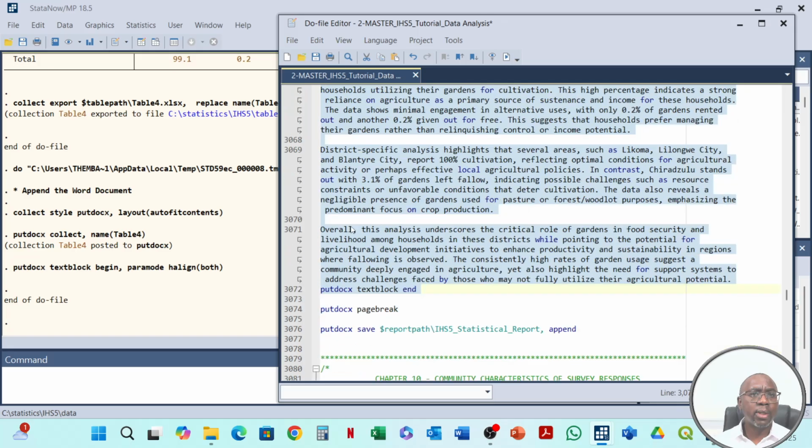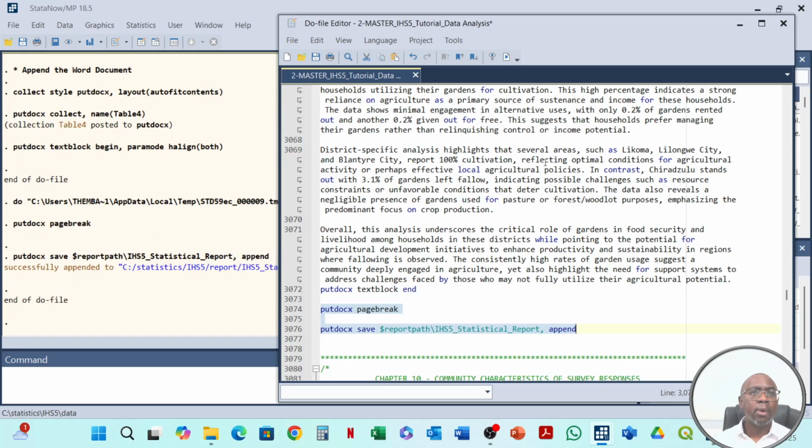Okay, so then once that is done, we also create, append the Word document, and then also, as usual, as we did, we close the chapter and also append it to the document that we had created, right?